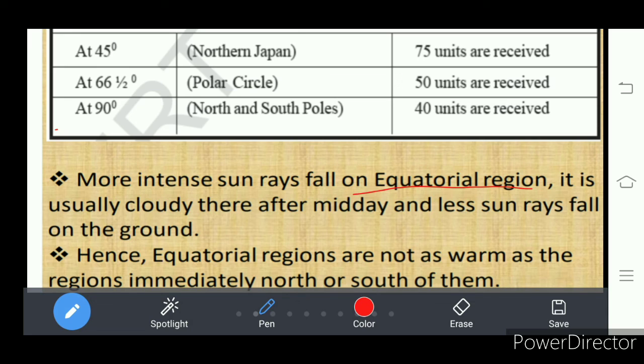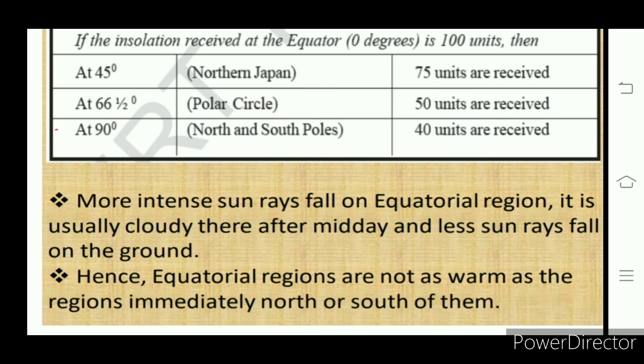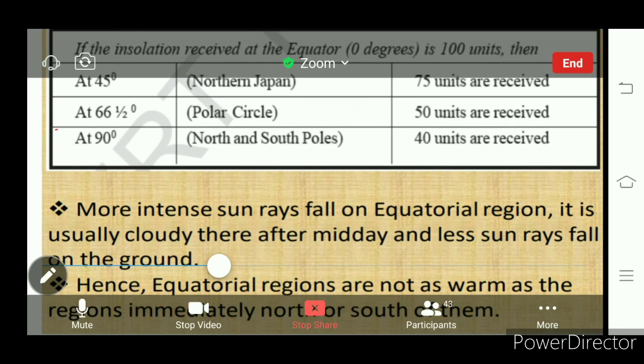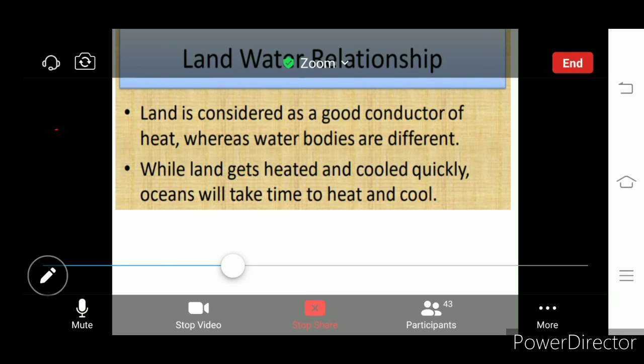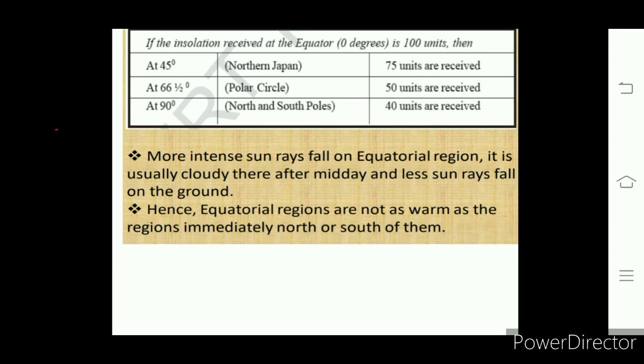So equatorial regions are not very hot when compared to the tropical regions. What is meant by tropical regions? The region which is on either side of the equator.